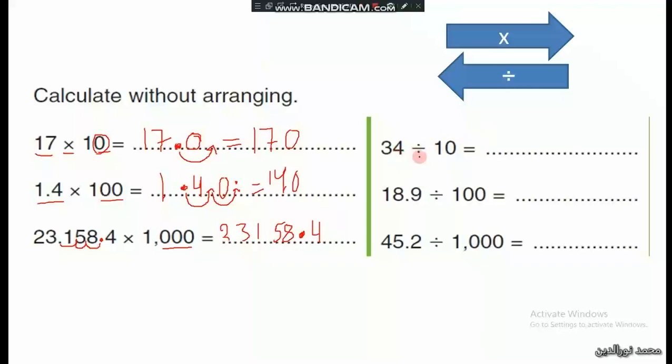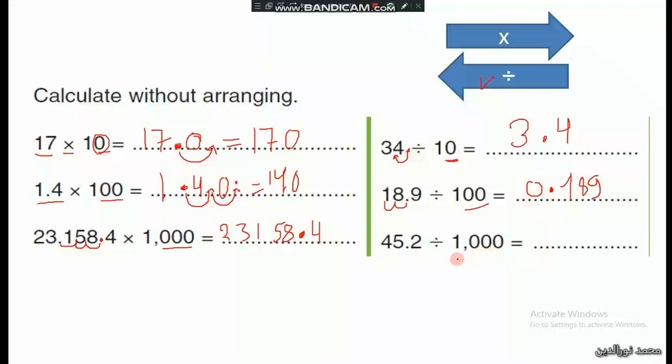In these examples, we have to move the decimal point to the left since we are dividing. The decimal point is right here, so we move it 1 step to the left. It becomes between the digits 3 and 4, so it becomes 3.4. Then we have to move the decimal point 2 steps to the left, so 1, 2, and it becomes here, so we have to put 0 in the ones digit.